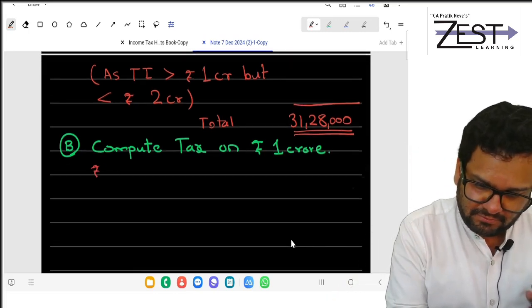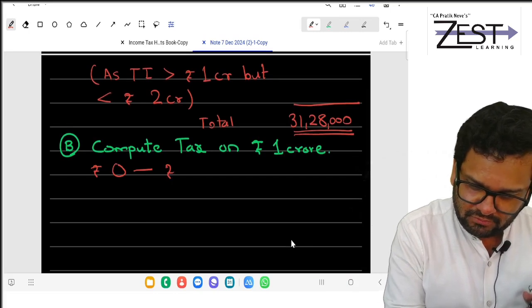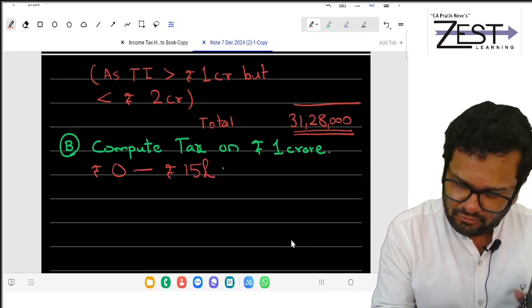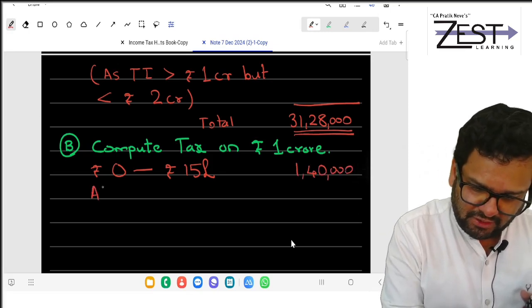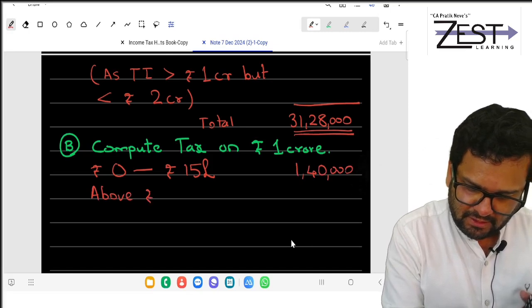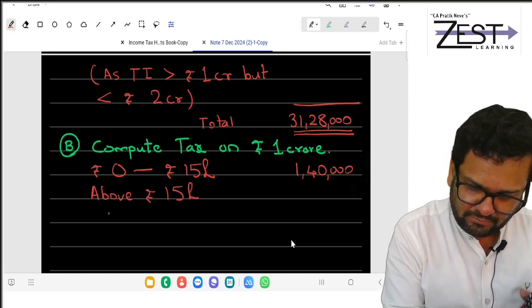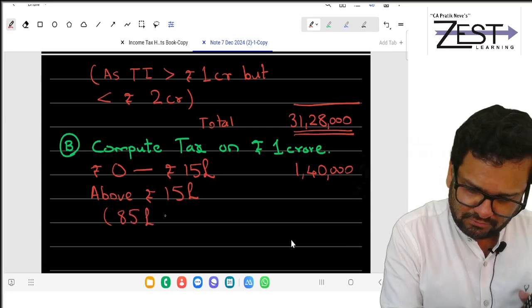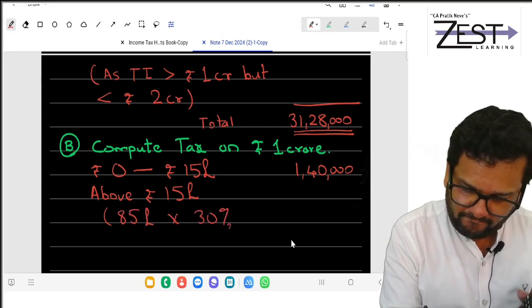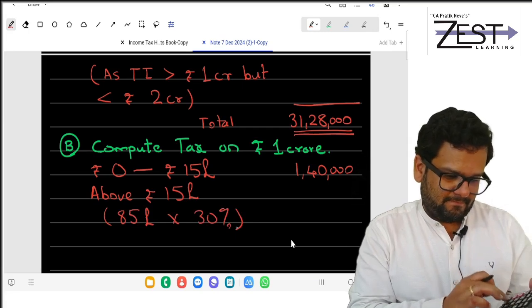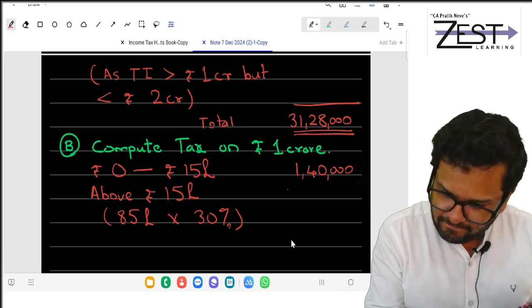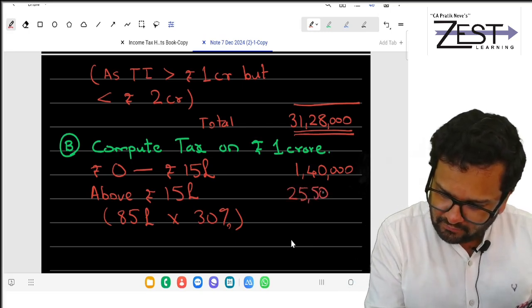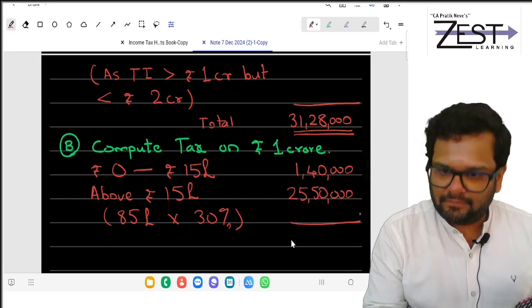Can I jump 0 to 15 lakhs and above 15 lakhs? Can I be more smart? 85 lakhs into 30%. Am I getting 25 lakh 50,000?